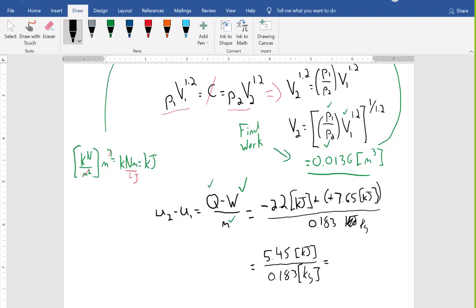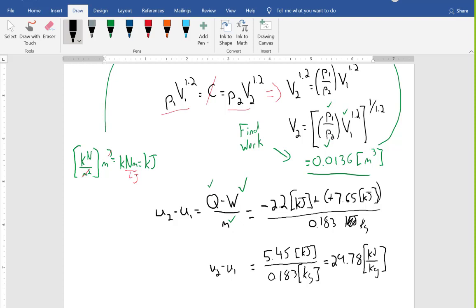It asks for us energy per unit mass, kilojoules per kilogram. I don't know if anybody's got a calculator, I didn't do this yet. 5.45 divided by 0.183. If I didn't mess up the math, I get that delta U is 29.78 kilojoules per kilogram.